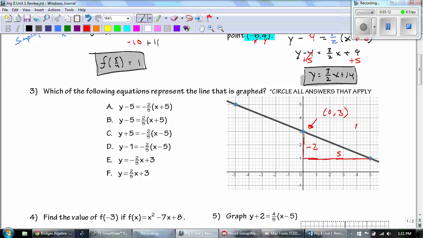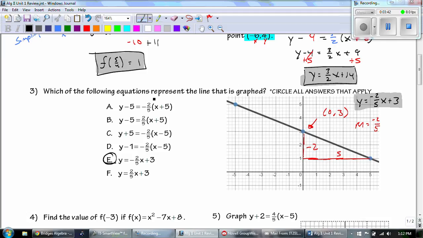So that means my slope is negative 2 over 5. If I wrote that out, it would be y equals negative 2 over 5x plus 3. Okay? So I'm looking for all equations that'll end up as y equals negative 2 over 5x plus 3, or look like that.